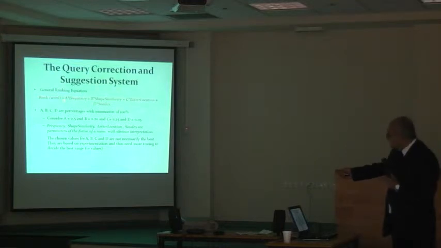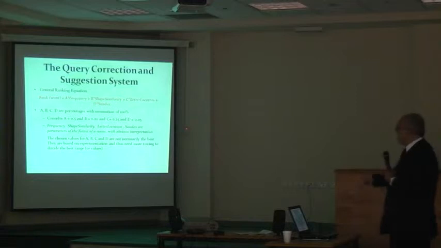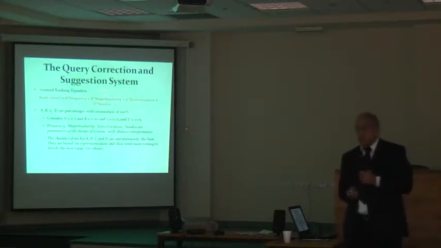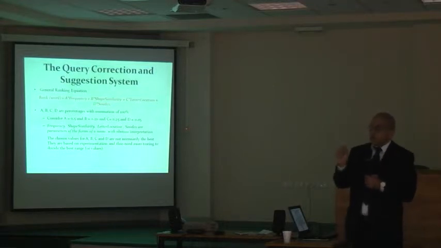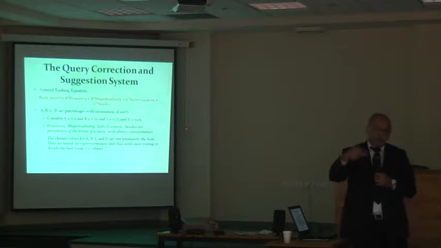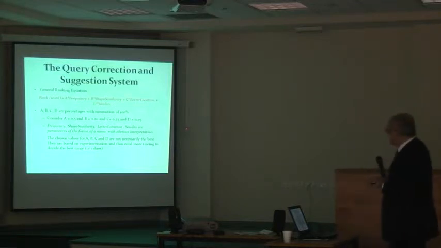Frequency is one term, how frequent that error is. The second is so-called shape similarity. I'm sure whoever is familiar with Arabic notes that it's frequently the case that the letters differ from each other by a very minor detail, and people tend to confuse these letters.